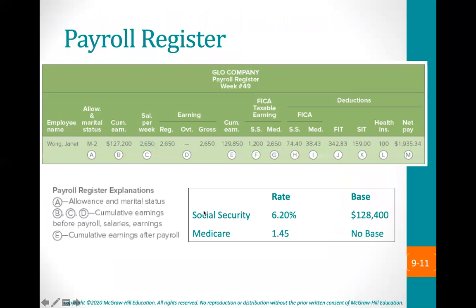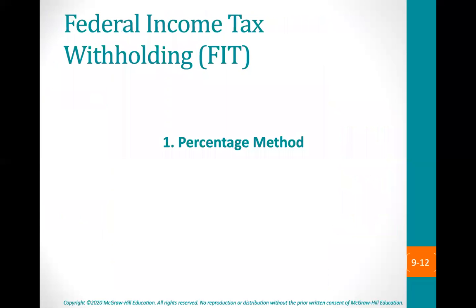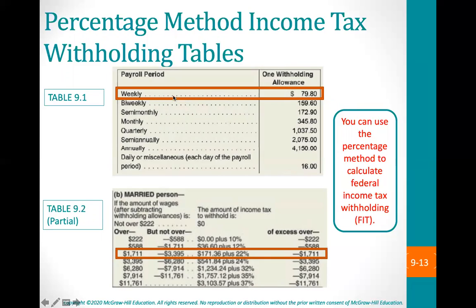So in our example, Janet Wong had gross wages this week of $26.50. She is paid weekly and she has 2 allowances. So we need to subtract $79.80 twice to determine her amount of wages to look up in the table.